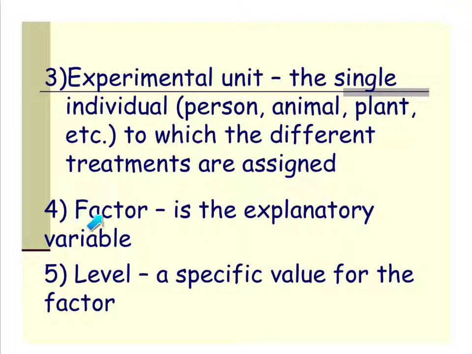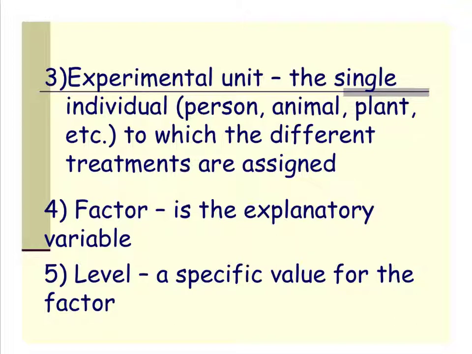Next, we have the factor, and this is the explanatory variable. Remember, explanatory variable is your cause in your relationship. We can also think of it as the X, or the independent variable. In this case, our factor would be the type of food that the rabbits are getting.